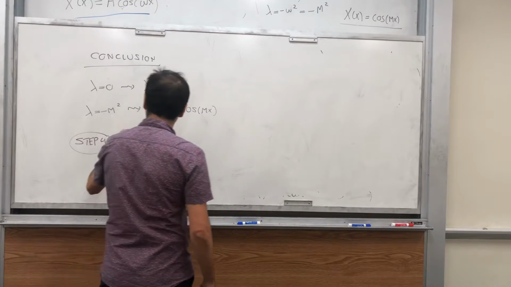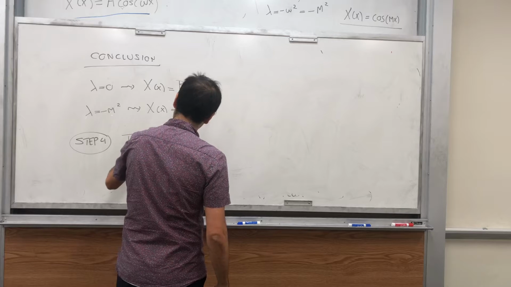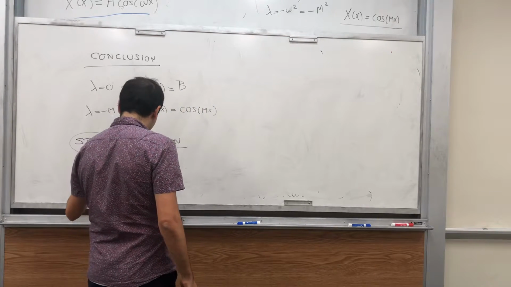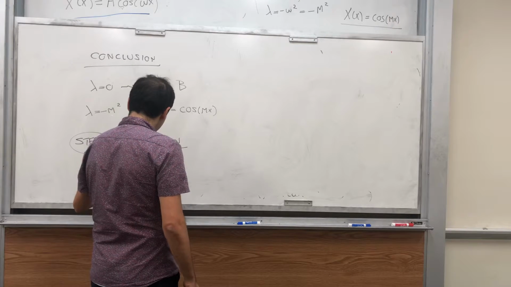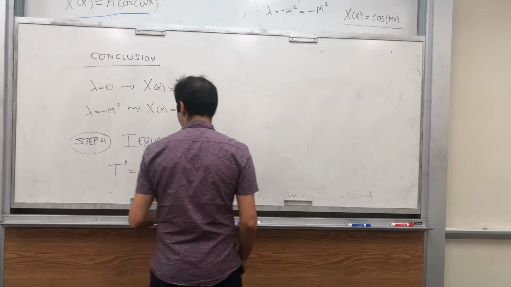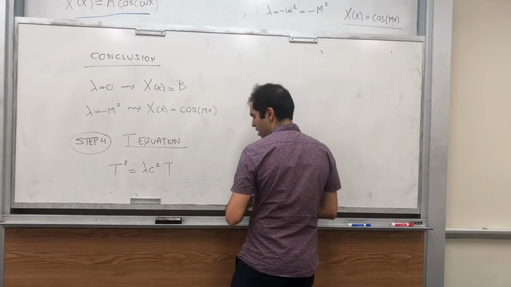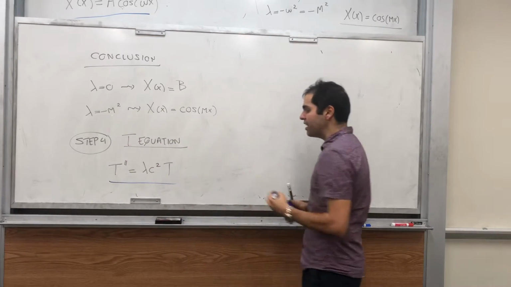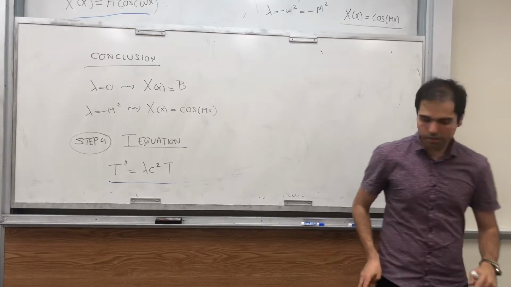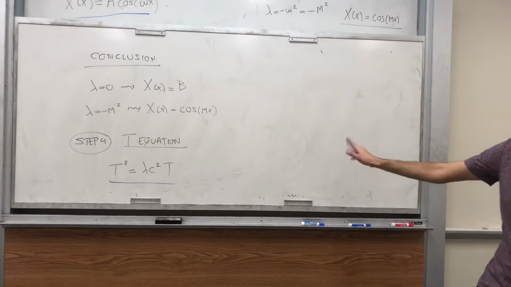Now let's look at the T equation, which I believe was something like T double prime equals lambda c squared T, which becomes slightly different, or maybe was it minus, check, no, it's good, this one's good.